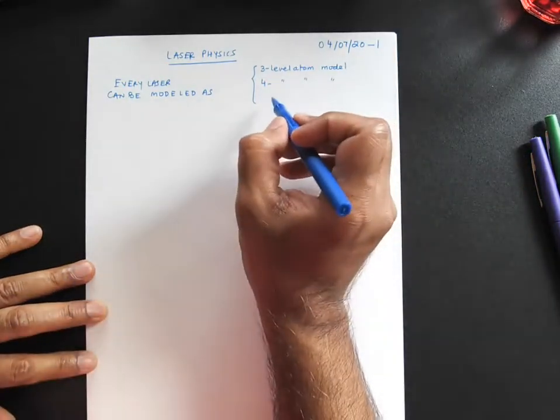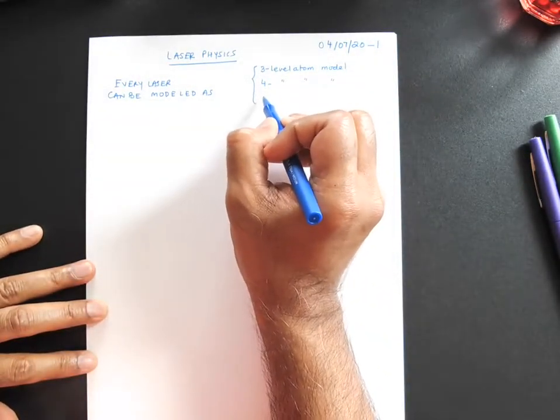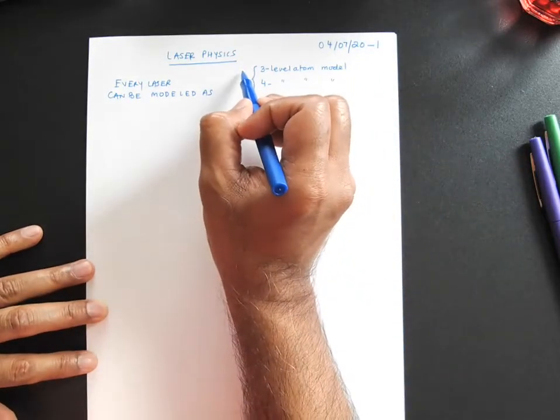Okay, and then you can have more. You can have a five-level or something, but these are the main ones.